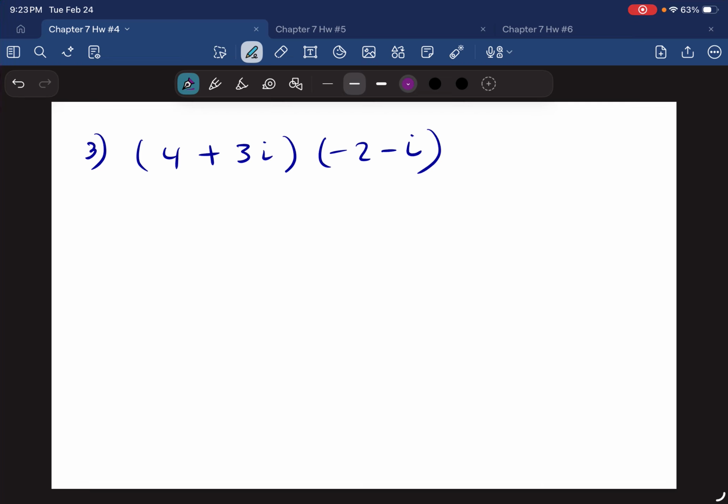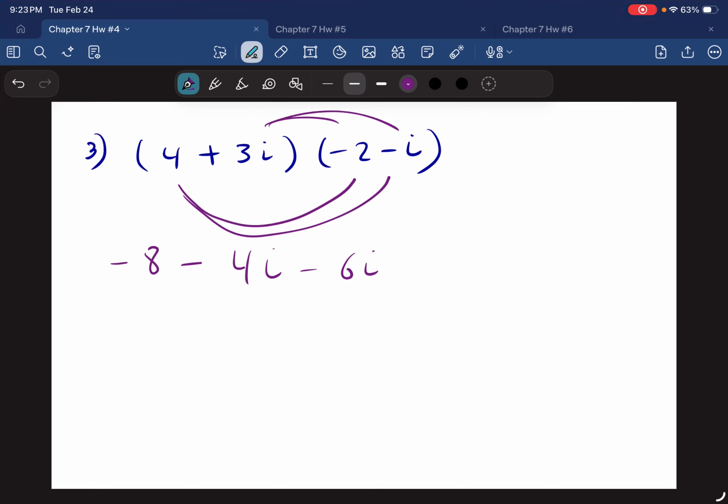So let's multiply it out. 4 times -2 is -8. That's going to be minus 4i. That's going to be minus 6i, and that's going to be minus 3i squared. Combine like terms, so that's going to be minus 10i.